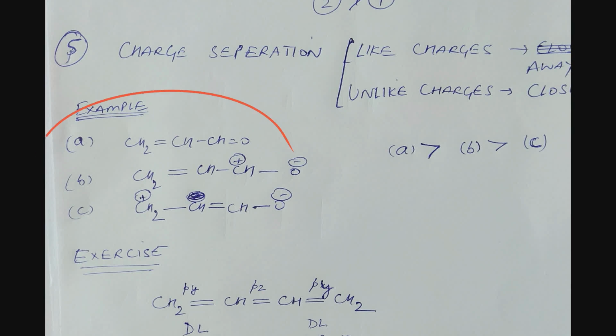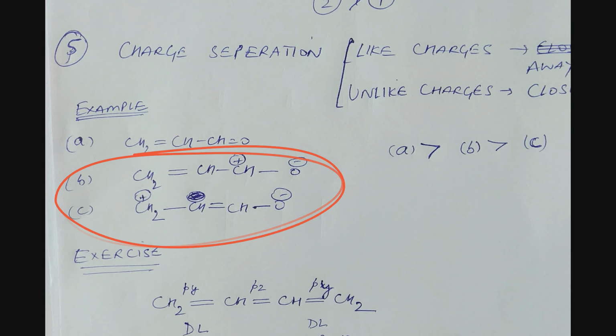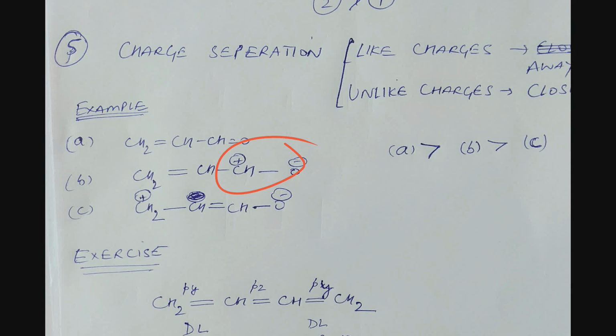For example, in this no charges are created. So according to rule number 3, we should have minimum charge density. So the first is the most stable, but now the trick comes: out of B and C, which is more stable? We have read that unlike charges should be closer to each other to get attracted, form a bond and release energy. So our second, B, is more stable and then the third.